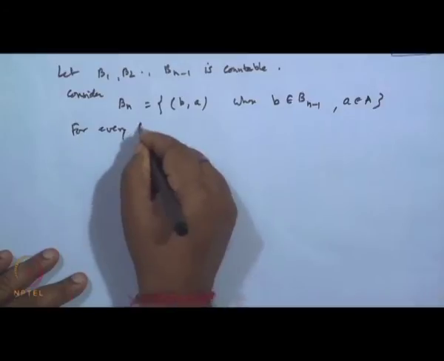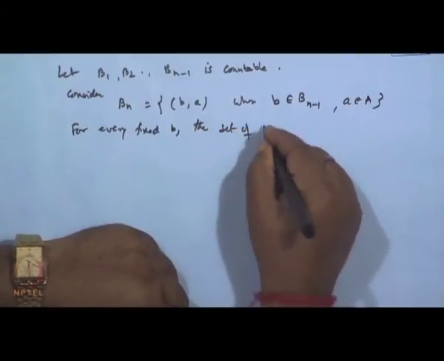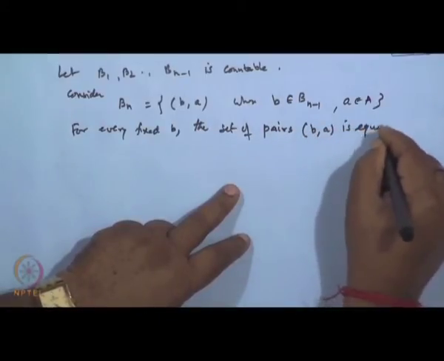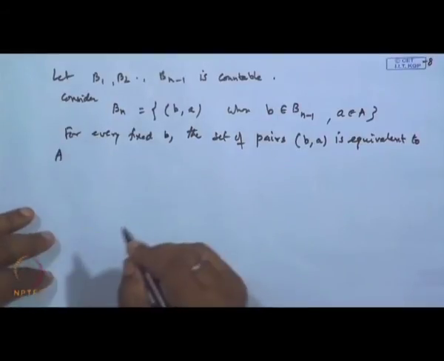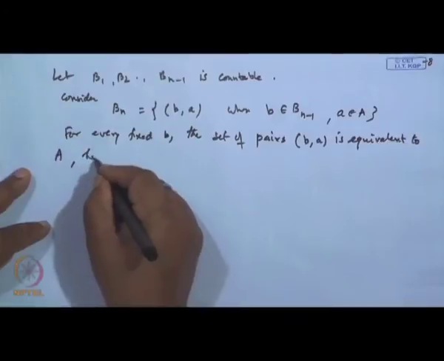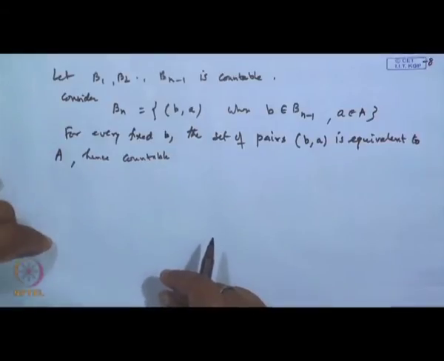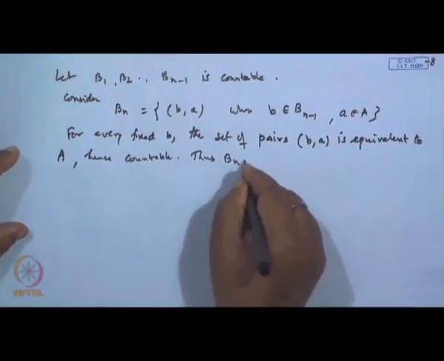So, for every fixed B, the set of pairs (B, A) is equivalent to A, but A is given to be countable, hence countable. Thus, B n is countable.